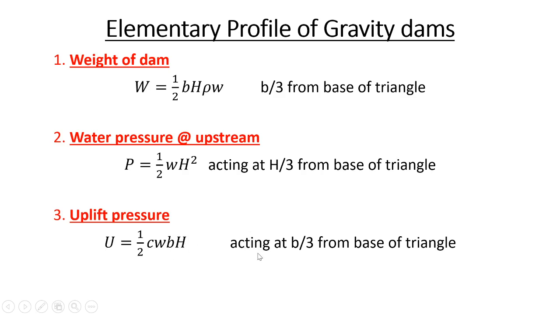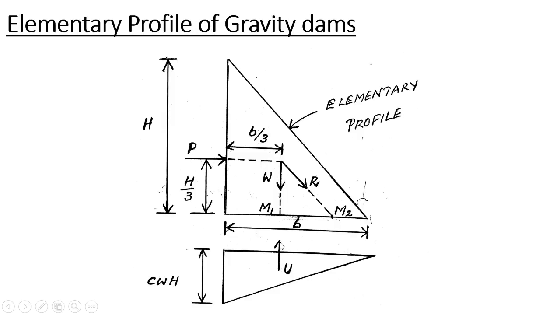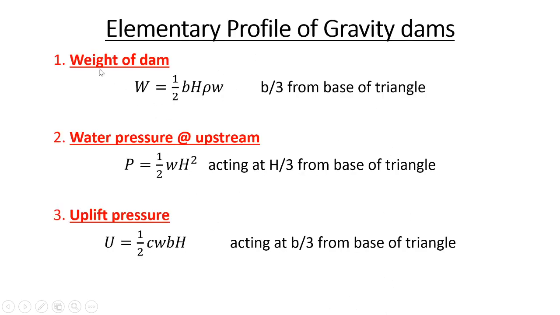And you know that it will be acting at B by 3 from the base of the triangle. If you take the distance from the other side, it will be 2 by 3 of the base width. These are the 3 different forces and force equations to be considered for the elementary profile of gravity dams.